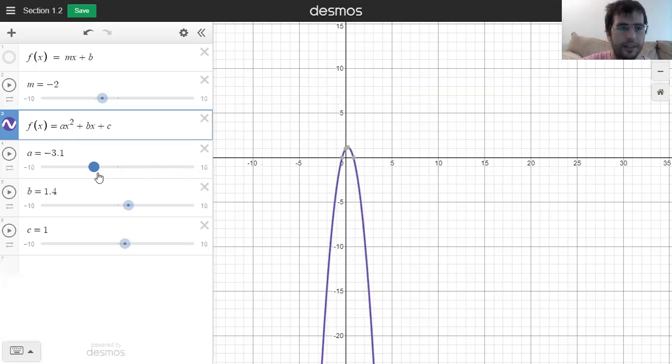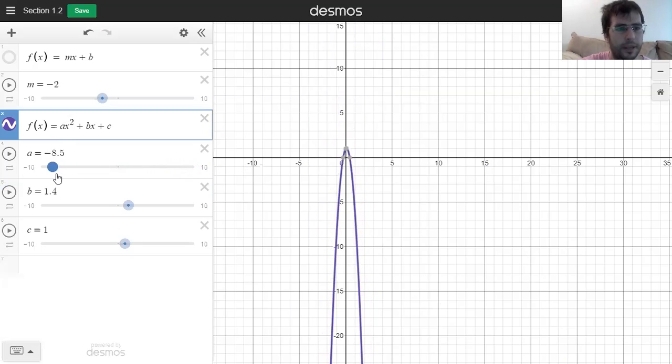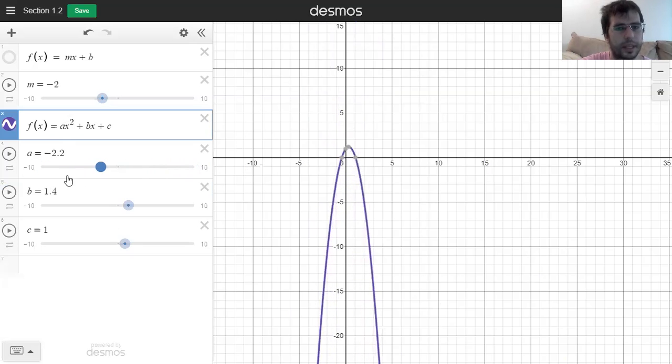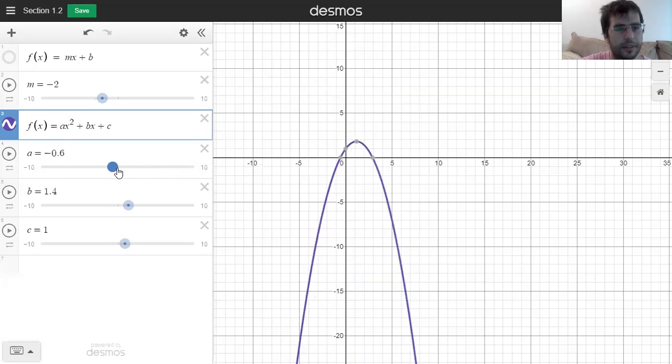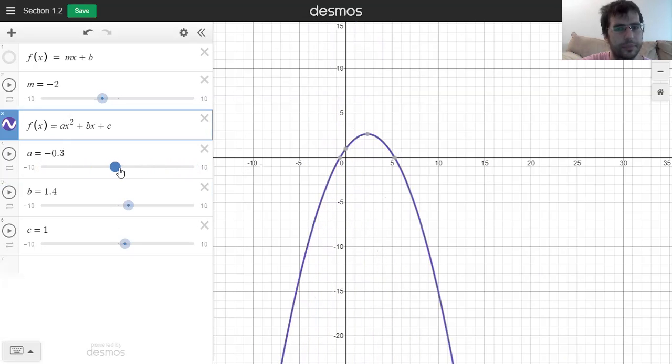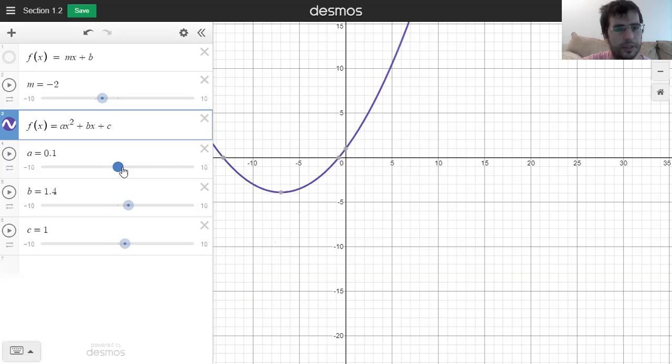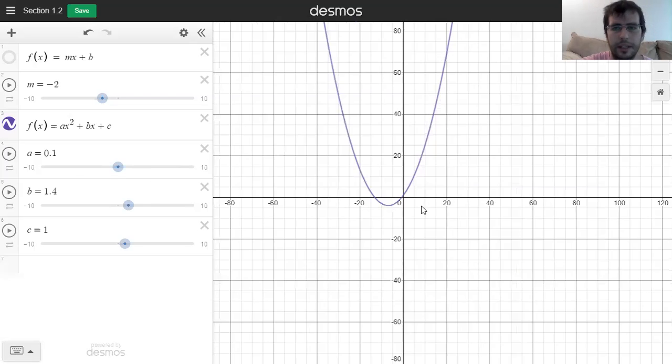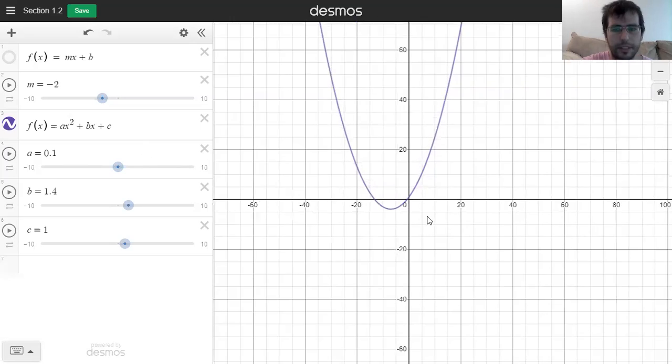If I make A negative, the parabola goes down, and it also gets skinnier. If I make it smaller, either a small positive number or a small negative number, the parabola gets thicker, which also has the same effect as zooming in.